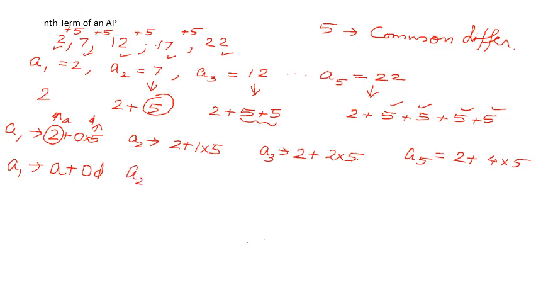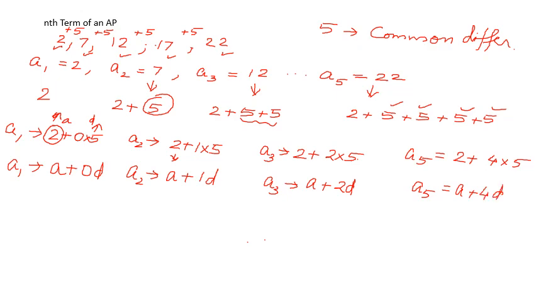Now A2. You find out. What is this 2? 2 is first term. A plus. How many times D? 1 time D. A3. What do you get? First term plus 2D. Similarly, A5. What will I get? A plus 4D.